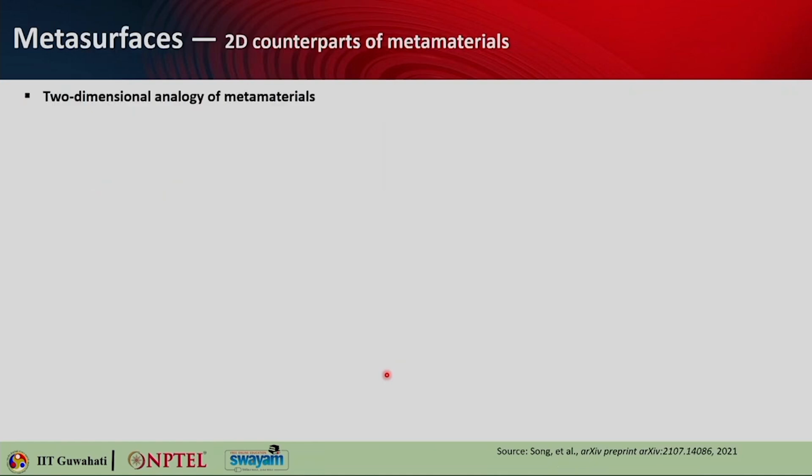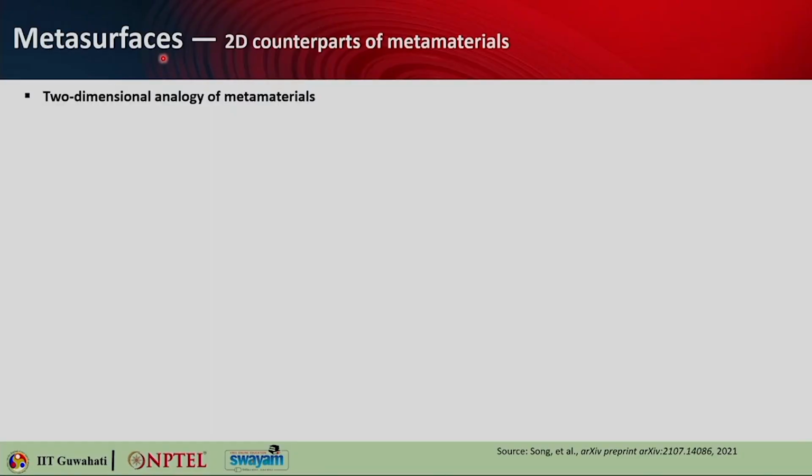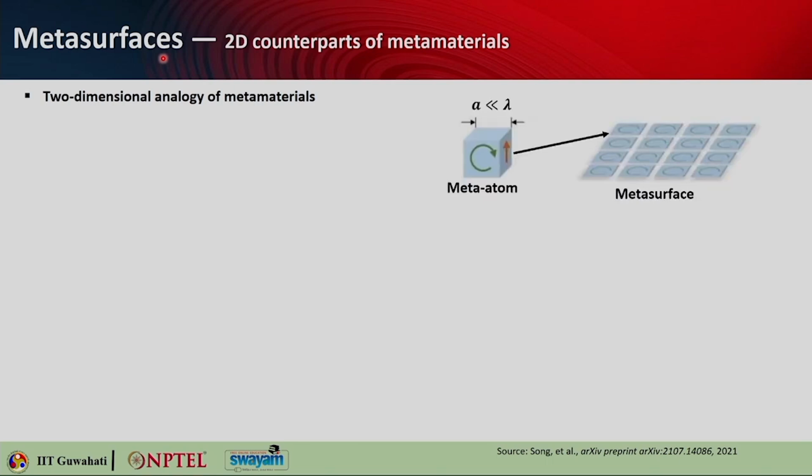Now when you discuss metamaterials, there is also a possibility of metamaterials being in 2D, or two dimensions. So that we call a metasurface. So in short, you can say that metasurfaces are basically 2D counterparts of metamaterials. As you can see here, the meta-atoms in the case of a metasurface are also 2D elements.